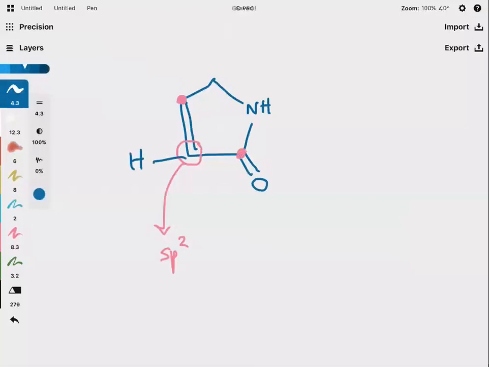Because the carbon has to have 4 bonds. It's tetravalent. So here's 1, 2, this double bond, 3, and the hydrogen we didn't show, but that was the fourth bond.